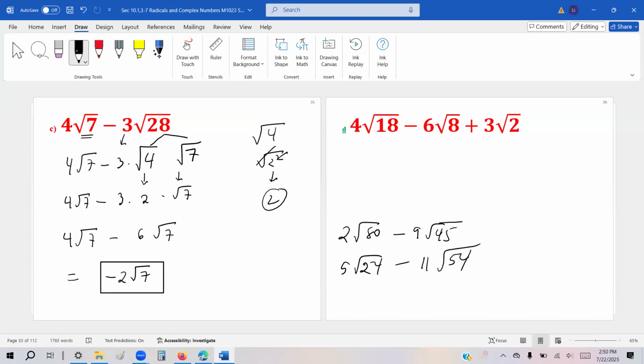Is this fine? I just started with 4. So you have 4 and 3, 6 and 2. That's why I did it.